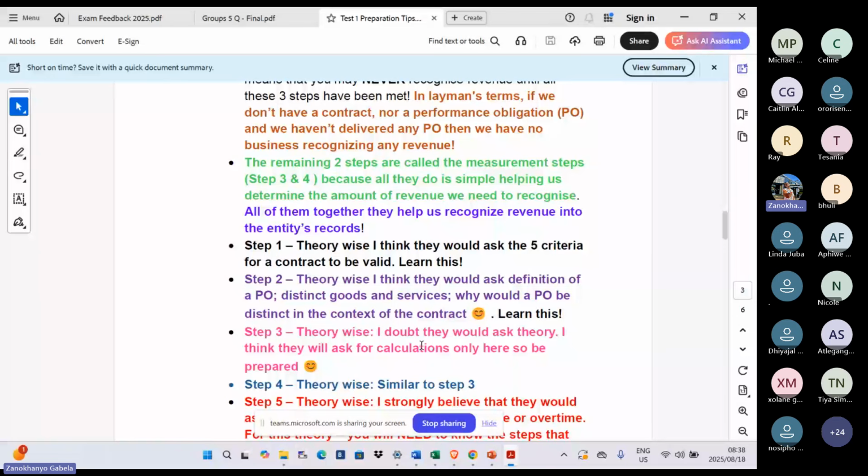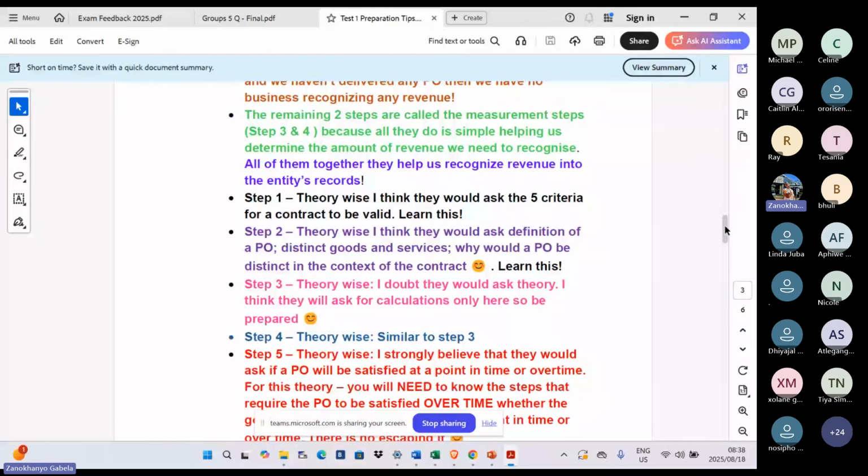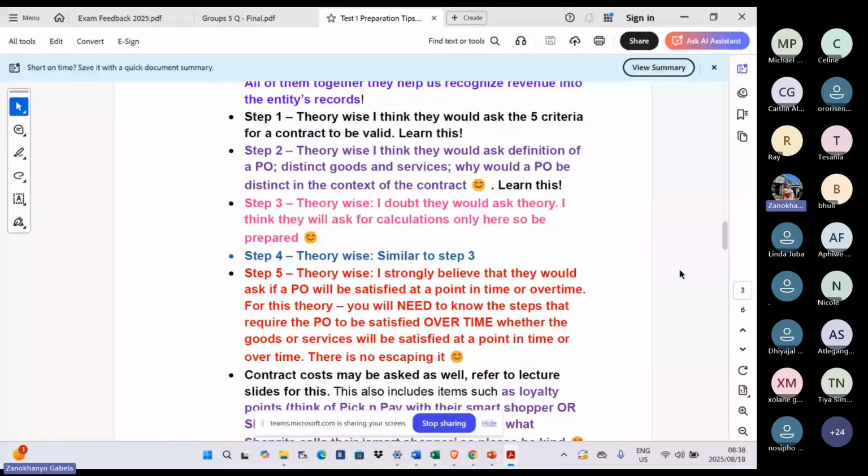Now that's a beast, step number 5. And I think that theory may be asked in this case, step number 5. But obviously, we don't want to overthink too much. Step number 5 is basically now recognizing revenue when we have performed, or fulfilled, the performance obligation, meaning that we have no business under any circumstances recognizing revenue if we have not performed the obligation.